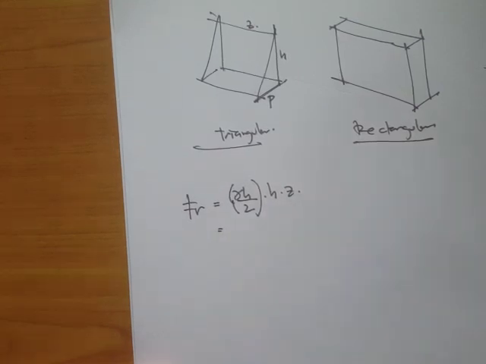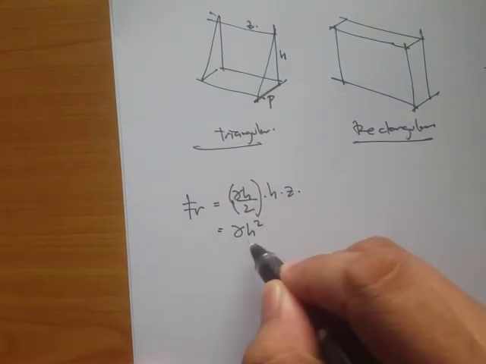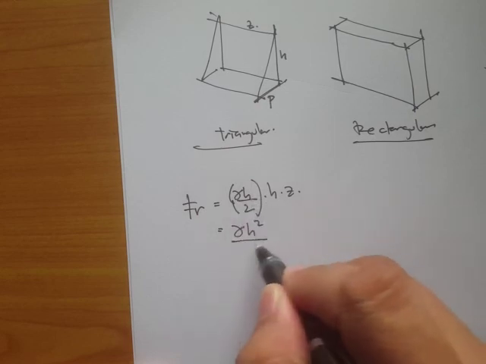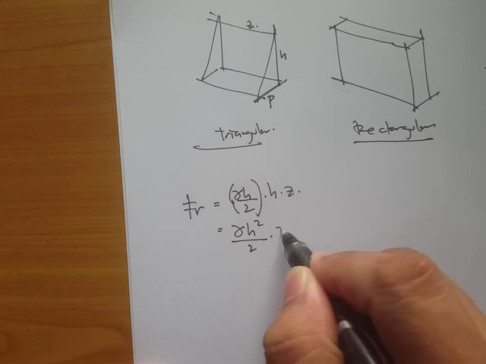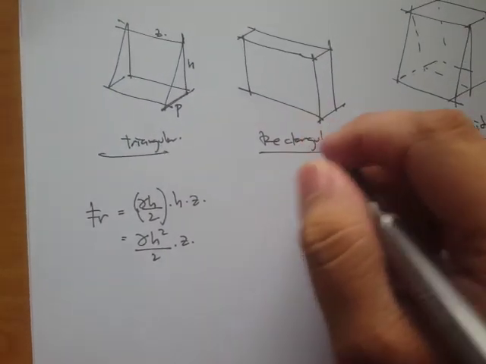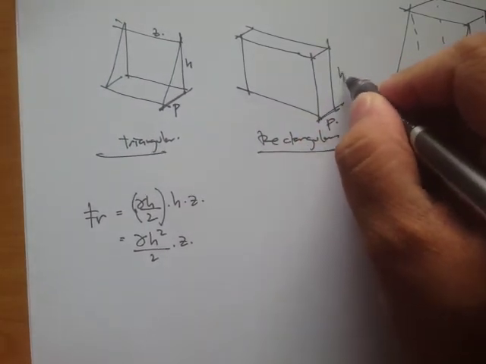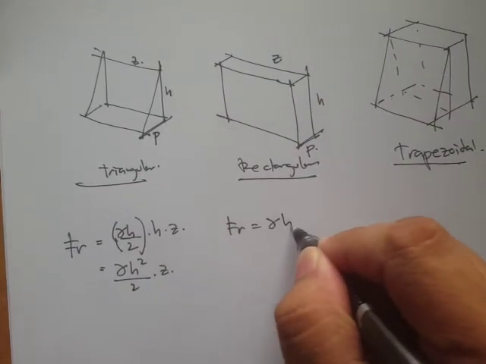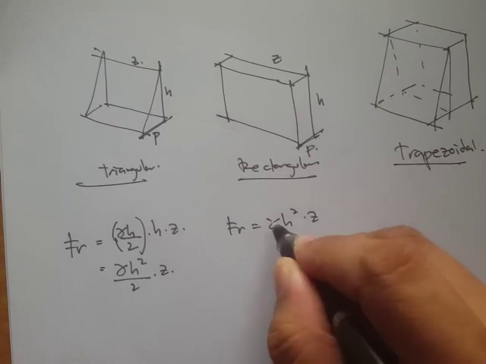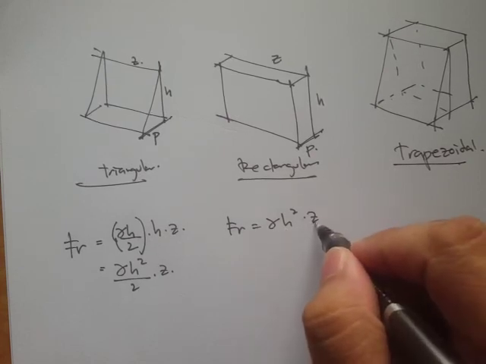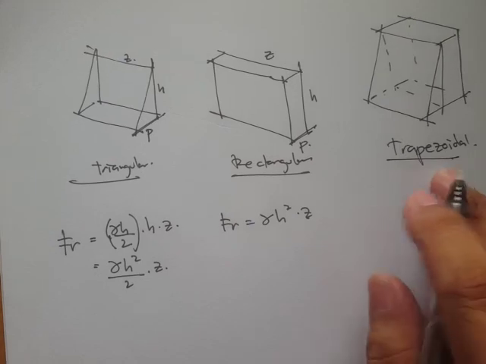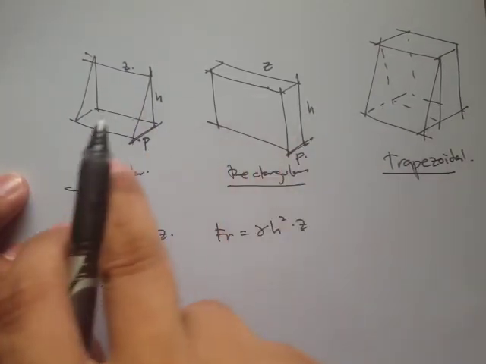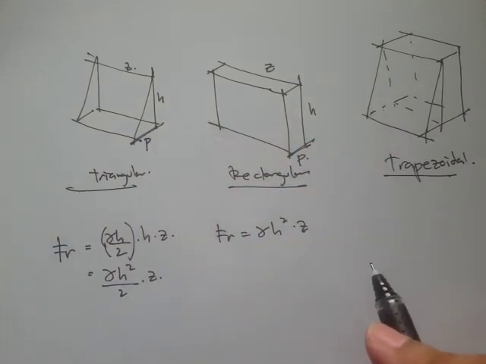Okay, so we can simplify also that the FR is just the unit weight times h squared all over 2 times z. Now for the rectangular, if this is our pressure, this is our height, this is our orthogonal length, then our FR is just simply the unit weight times h squared times the z. And for this one, we can just break this down into triangular or rectangular.